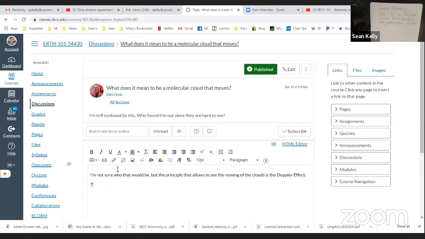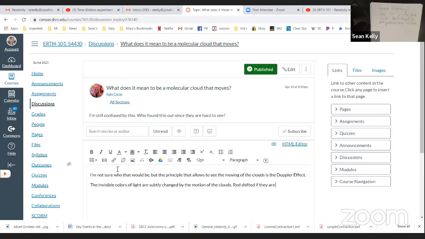Okay, so the invisible colors of light are subtly changed by the motion of the clouds, right? Redshifted, oops, what did I just write?